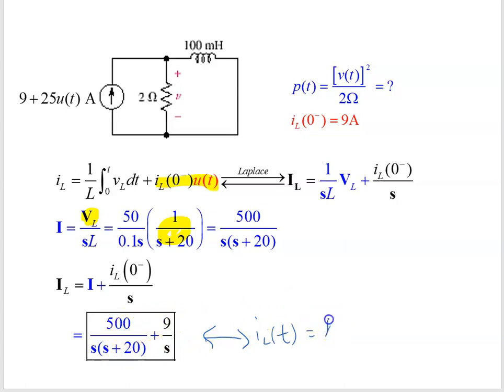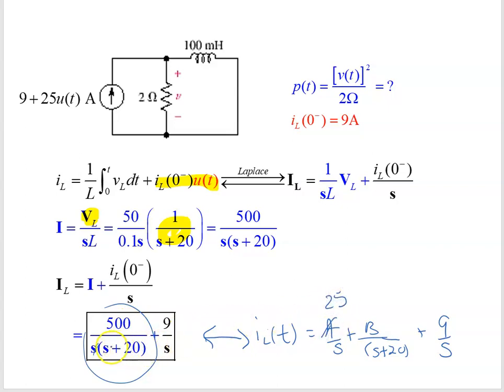It's going to be A over S plus B over S plus 20 plus our 9 over S. And we can find our A by substituting in a 0. We take this, we cross that out, substitute in 0. We're just looking at this portion here, right? So we substitute that, that's going to be 50 divided by 2, that's going to be 25.